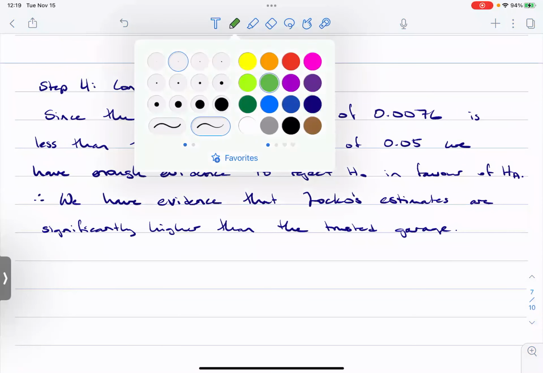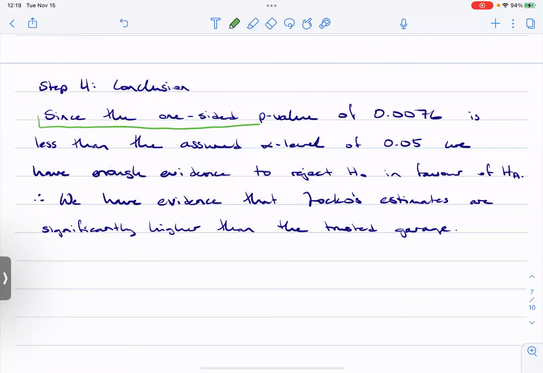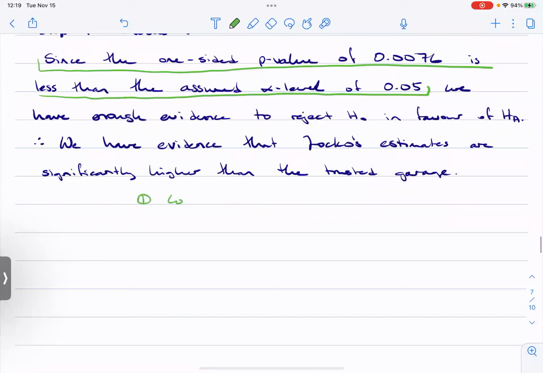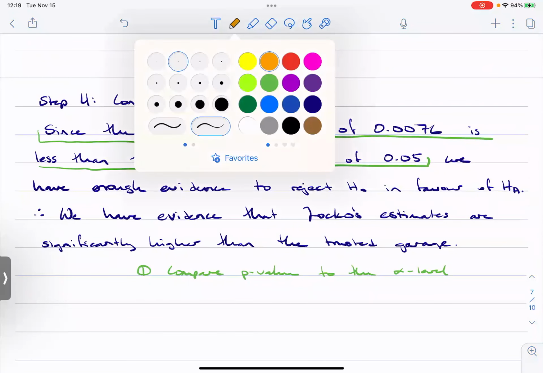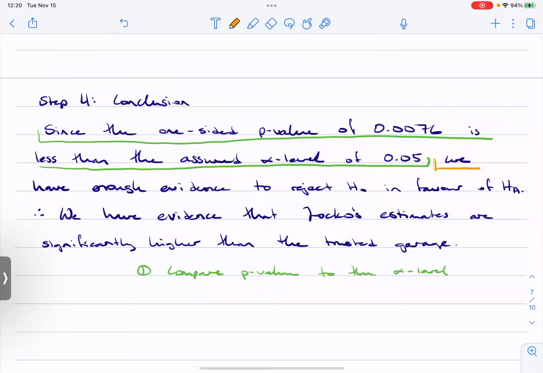Three parts, right? Compare the p-value to the alpha level. What does that mean in terms of the null hypothesis?